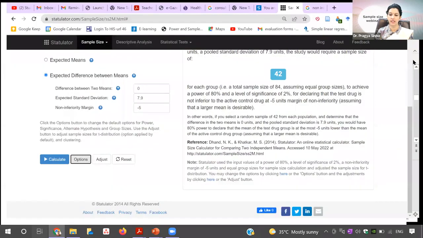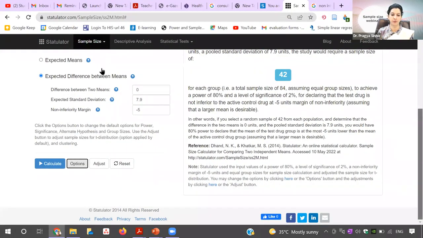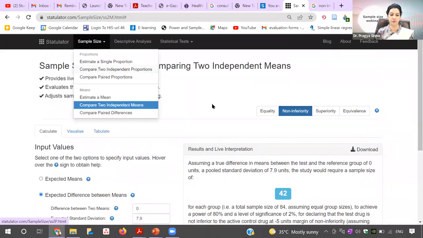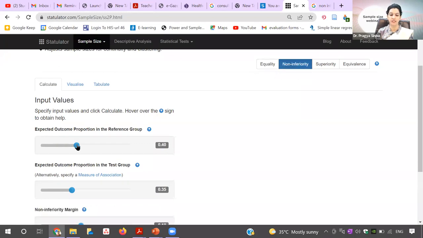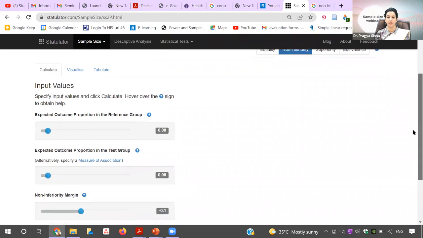Here I'll change this interface to two proportions. So change this to compare two proportions. If you see this, there is an expected proportion in the reference group. And here you have to change this equality to non-inferiority. In this case, the expected outcome was 8%, so I'll make this 0.08, and this will also be 0.08.